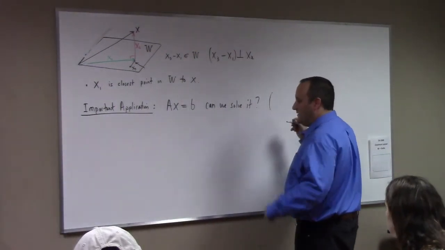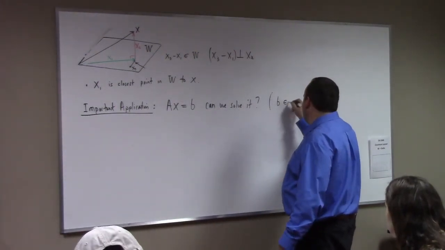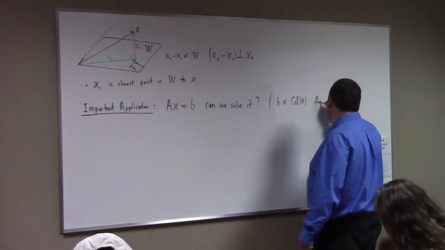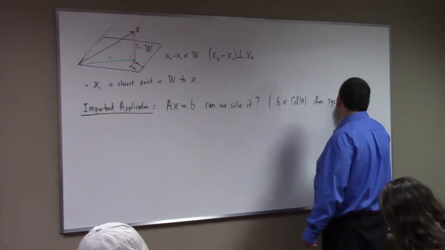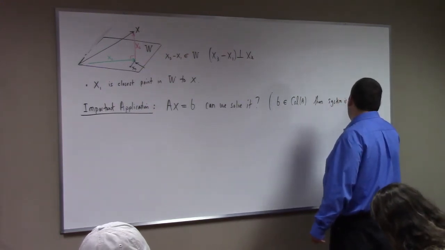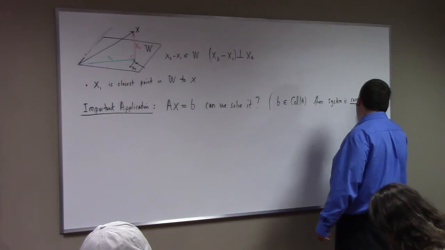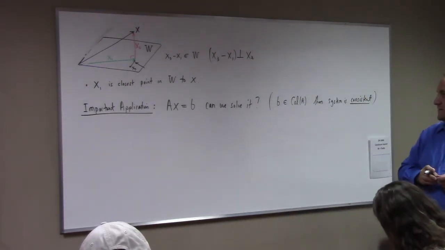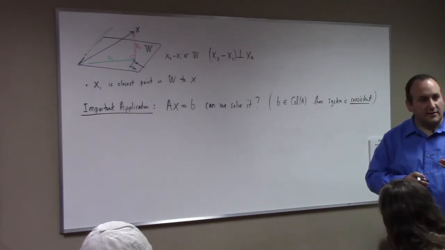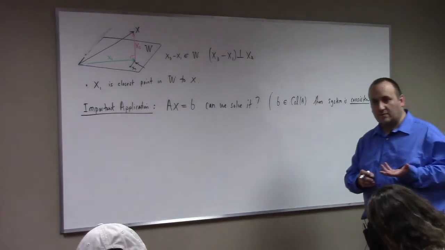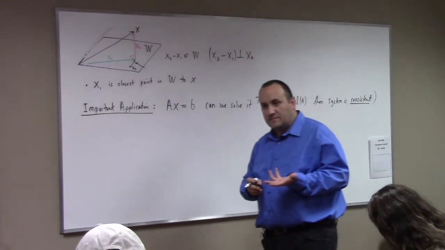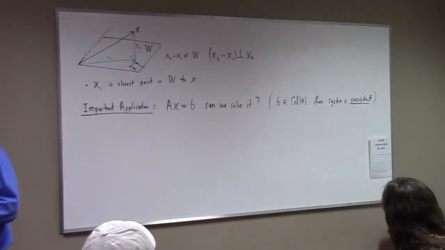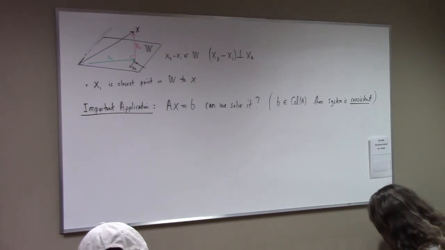The really nice way to say when we can solve it is if b is an element of the column space of A. Then the system is consistent, right? That was ultimately what we understood, that if you can build the inhomogeneous term b from an appropriate linear combination of the columns of A, that's when you can solve it. So if b is outside the column space of A, you're out of luck. You can't solve it, right?